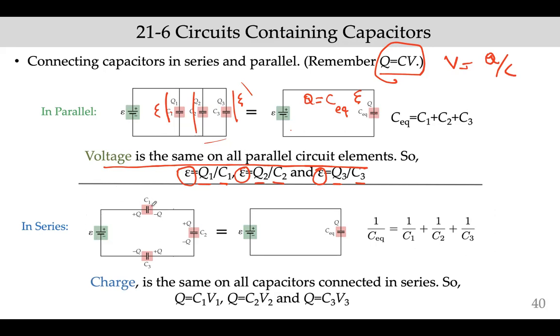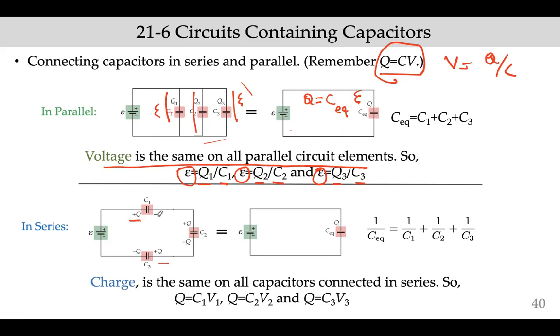Now, what happens if you connect them in series? If you connect them in series, as you can see here, the charges are the same. Just like the current is the same on a cable that's not interrupted, here the charges are the same.